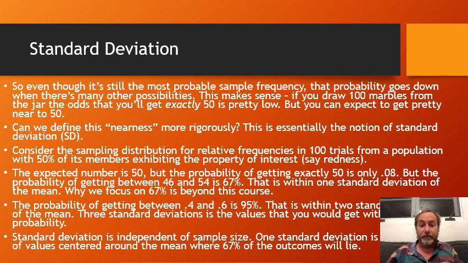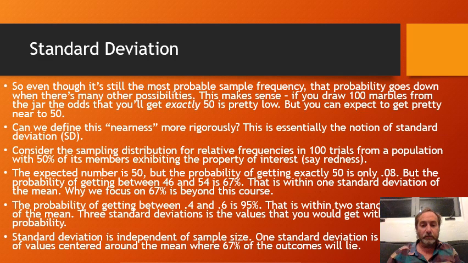That's 2 standard deviations of the mean, which gives you 95% probability that the relative frequency you see is going to come in that range. Then 3 standard deviations would give you 99% probability. We're going to be focusing a lot on this 95%, this 2 standard deviation.